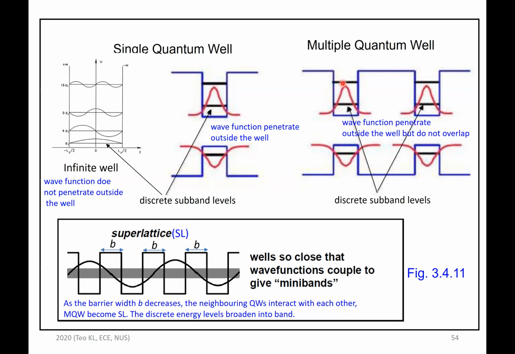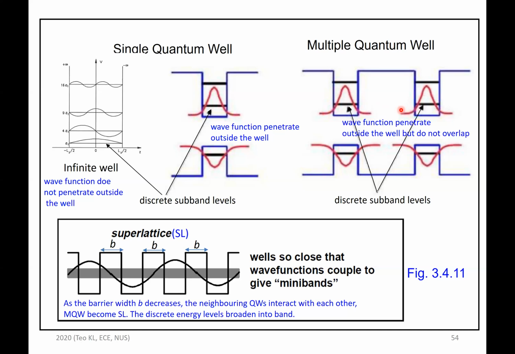Again, you get similar wells, discrete subbands, quantized energy levels, and the wave function penetrates into the barrier, but this wave function does not overlap with each other. When it penetrates here and this penetrates here, it does not overlap. That is for multiple quantum well.